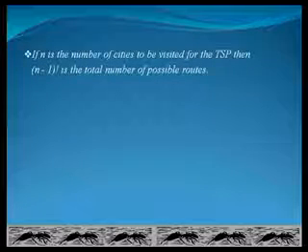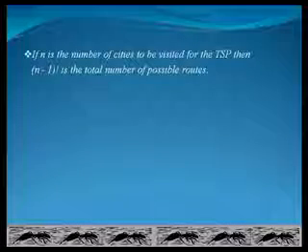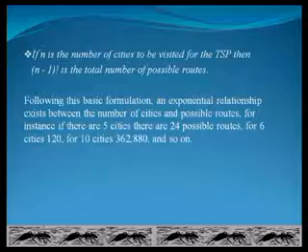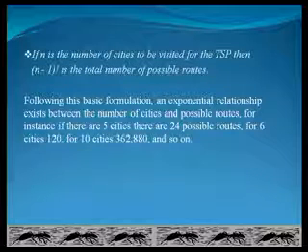If n is the number of cities to be visited for the traveling salesman problem, then factorial n minus 1 is the total number of possible routes. Following this basic formulation, an exponential relationship exists between the number of cities and possible routes.